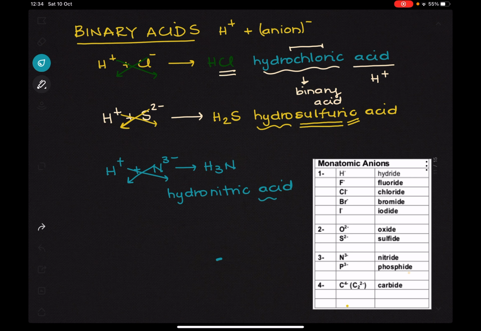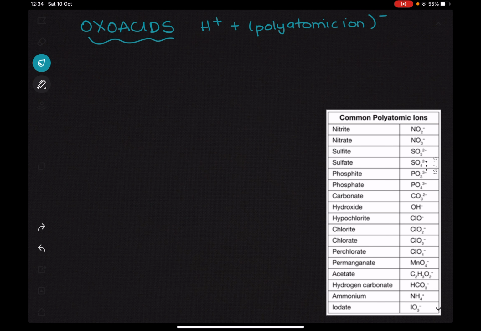Again, the acid part, because of the H, the hydro, because it's binary, and the nitric, because it's a nitrogen. Okay, so let's see the oxoacids.